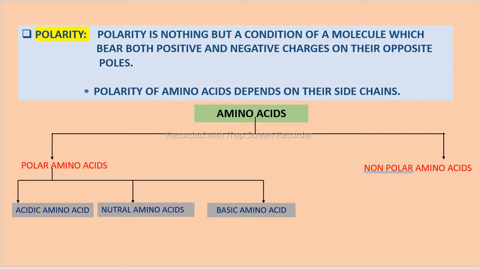Amino acids are divided into two types on the basis of their polarity, polar amino acids and non-polar amino acids. Polar amino acids show polarity and they are divided into three types. Acidic amino acids, which have a negative charge. Neutral amino acids, where there is no charge on their side chains. And basic amino acids, which have a positive charge.